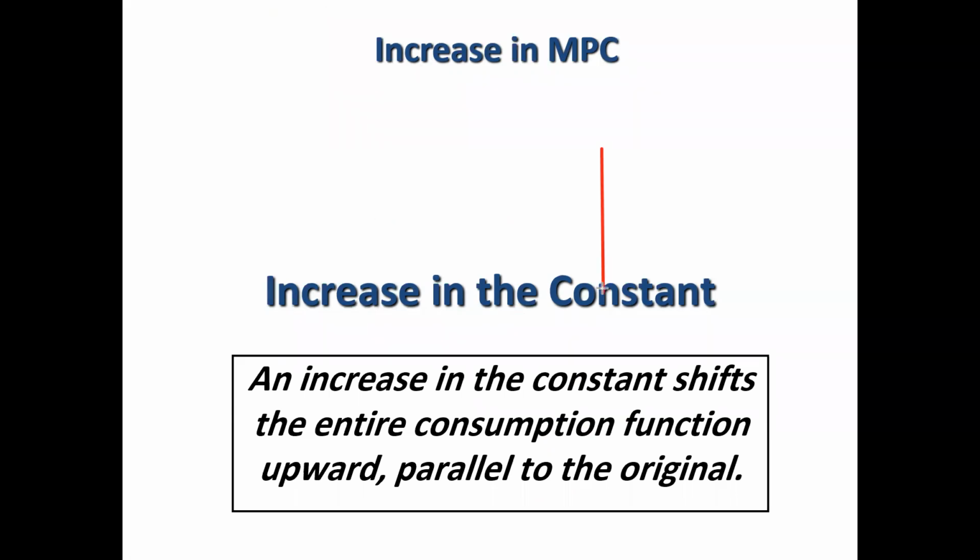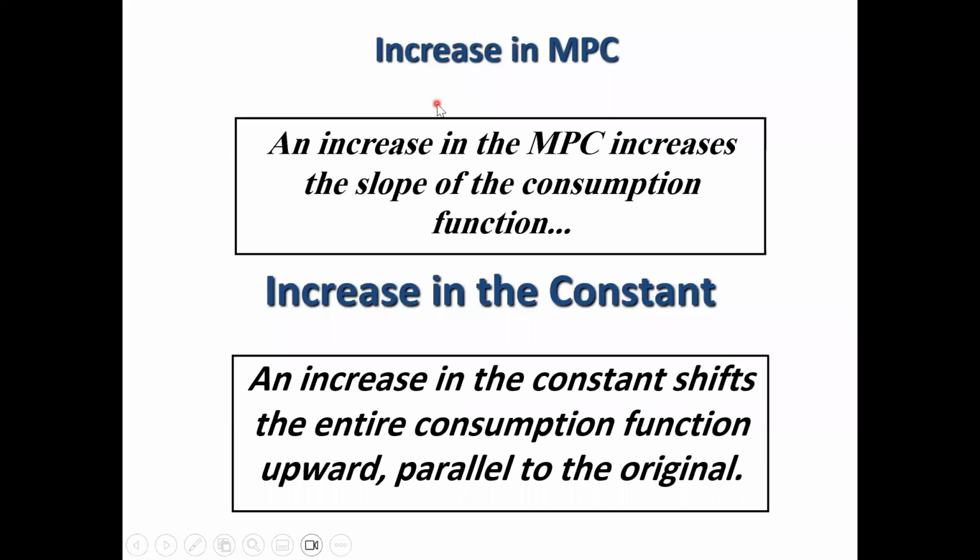If we have the consumption function starting from here, an increase in the constant will shift it parallel upward by the same amount of increase, while an increase in the marginal propensity to consume increases the slope of consumption.